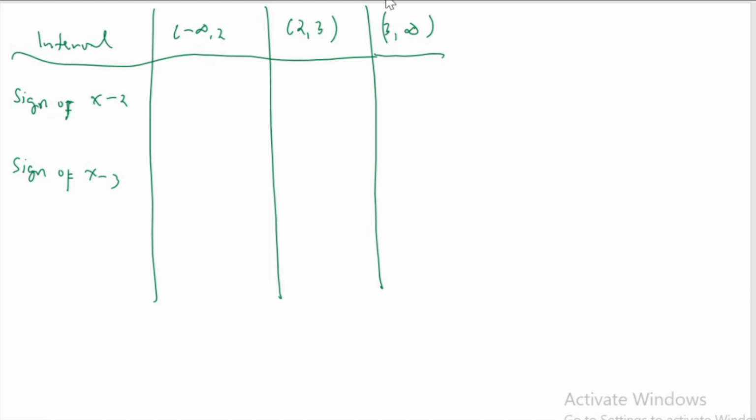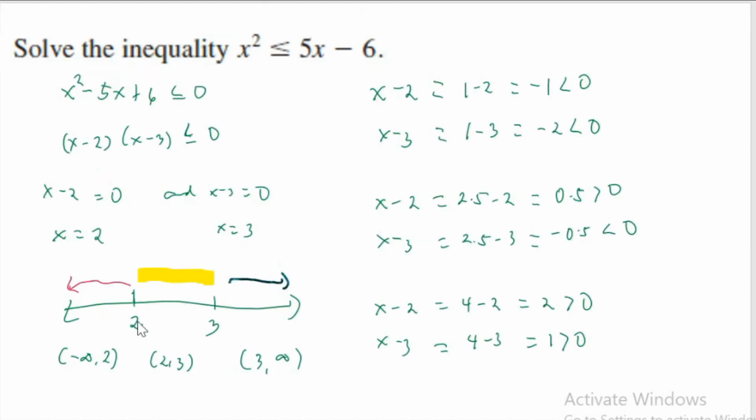So going back here, we test the value from the interval of negative infinity to 2. I use the x value as 1, so 1 minus 2 is equal to negative 1, and negative 1 is less than 0.